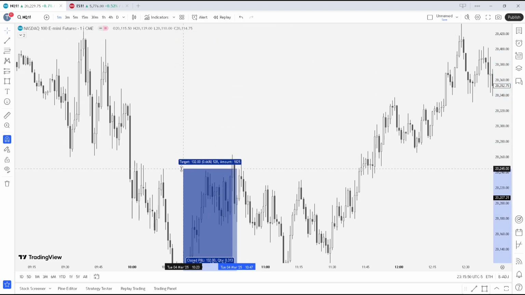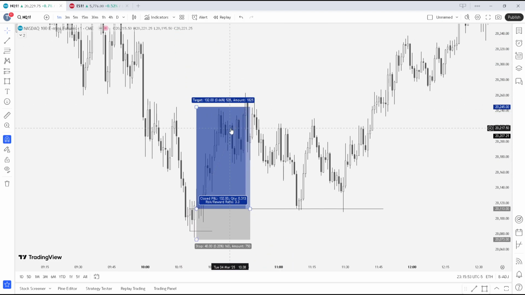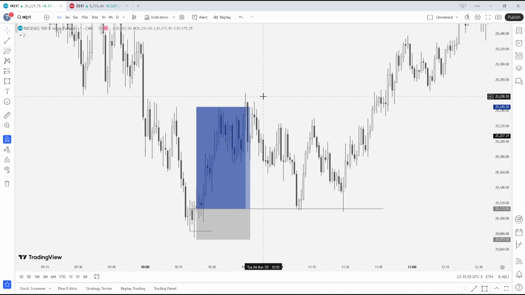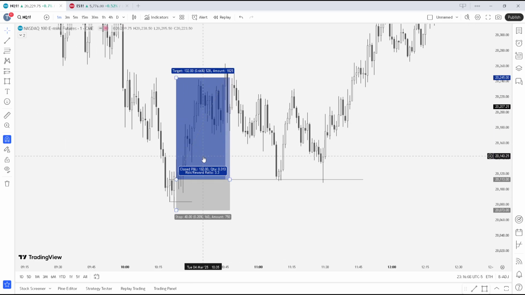Just make sure your TP is somewhere reasonable. So this would be reasonable because it's your buy side liquidity, right? We have a fair value gap here as well. So this becomes your intermediate term high, which is a good draw on liquidity. So that's quite a reasonable take profit.